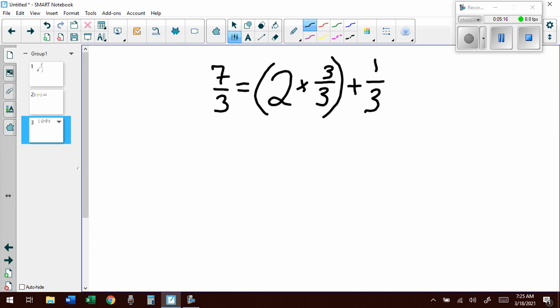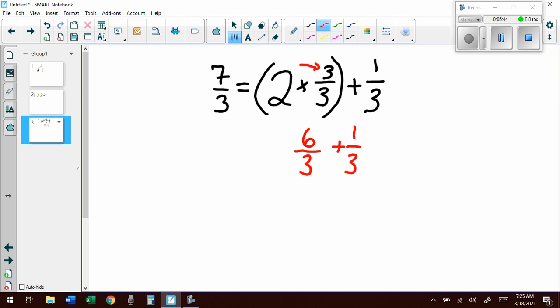Doing what is in the parentheses first, always, we can solve just like we did the other day. 2 times 3 equals 6. Keep our denominator the same. And we still need to add the 1/3.